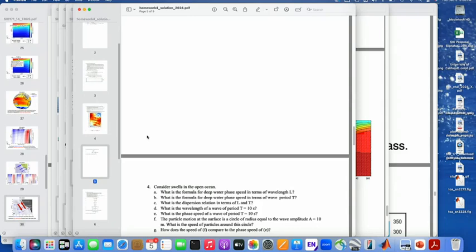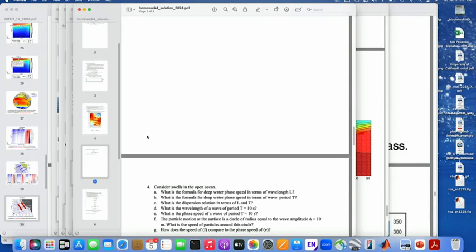Then since I'm asking you to do it in terms of wavelength, L, I need you to know the relationship between wavelength and wave number, because I probably only gave you the dispersion relationship in terms of wave number. So the answer here is going to be a formula, an expression.